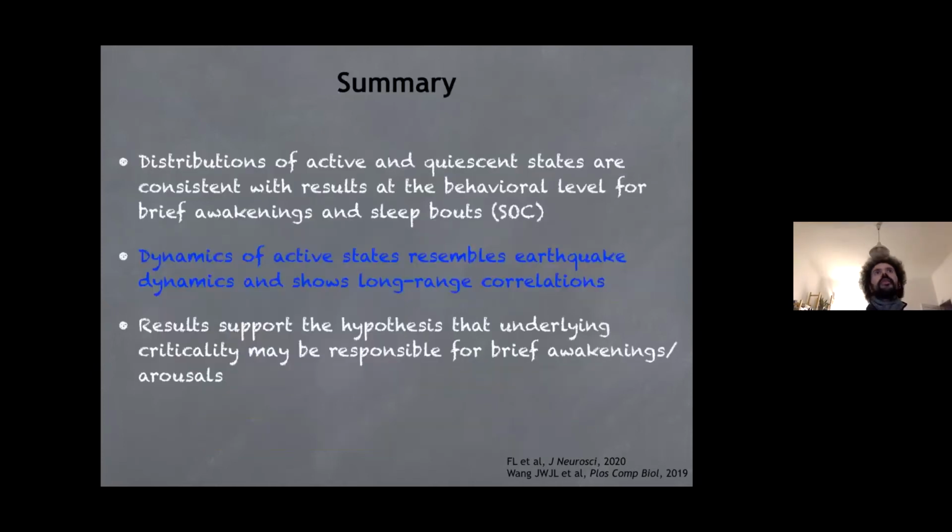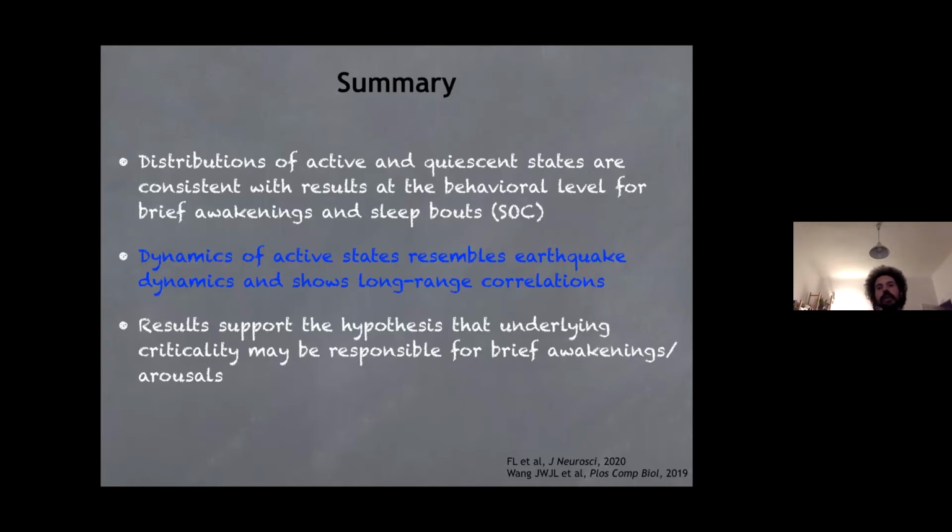Okay, so I finish with this. In summary, what we found is that if we look at the active and quiet states in brain activity, we find a very close correspondence with what we have at the behavioral level.